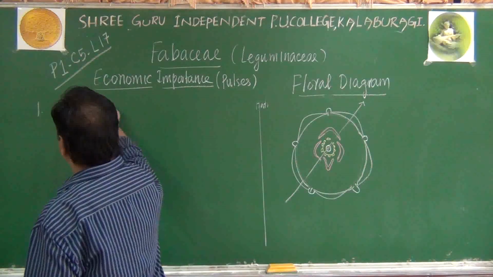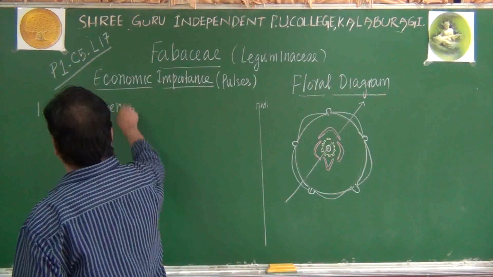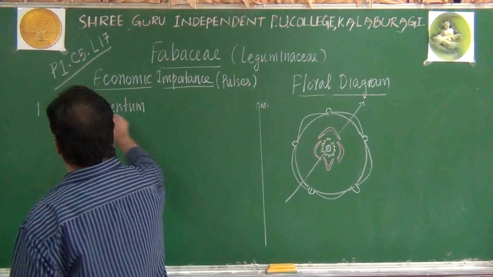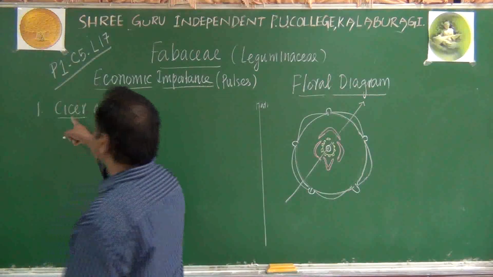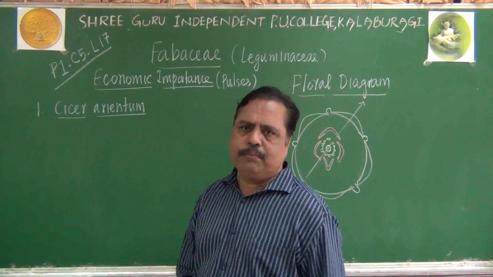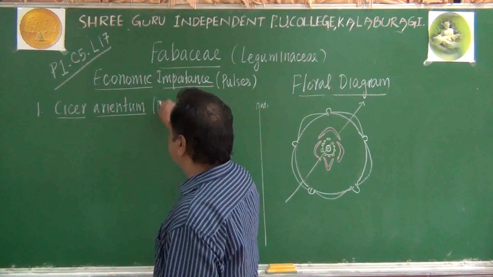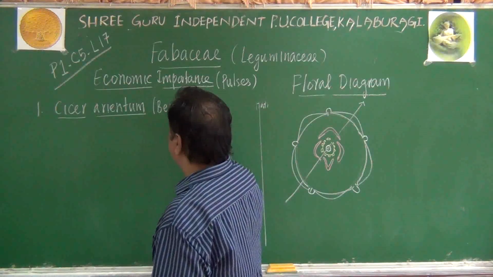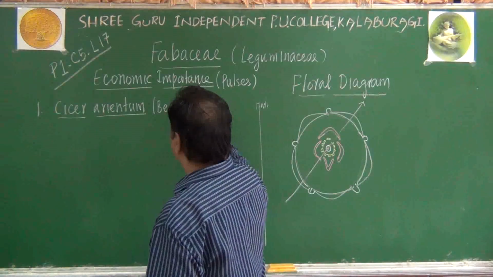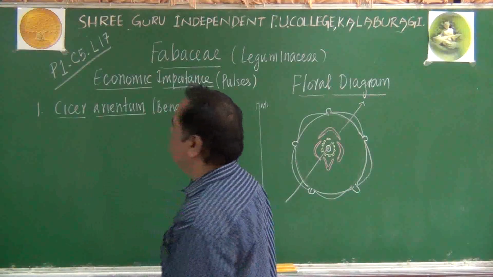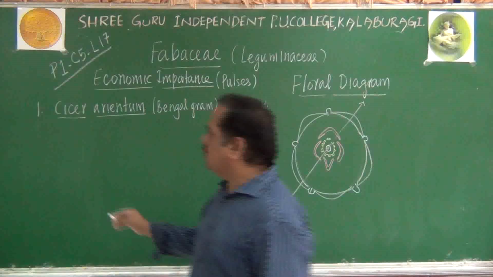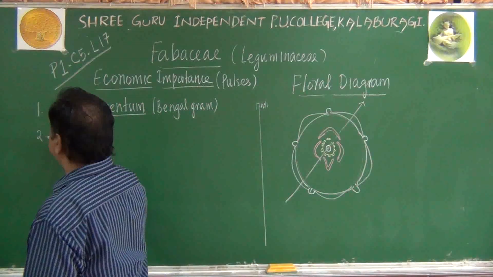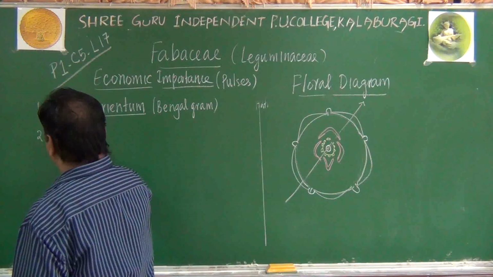Cicer arietinum, it can be called. Cicer arietinum. This is genus name, this is species name. It is generally called as Bengal gram. Cicer arietinum. There is Cajanus cajan, it can be called.